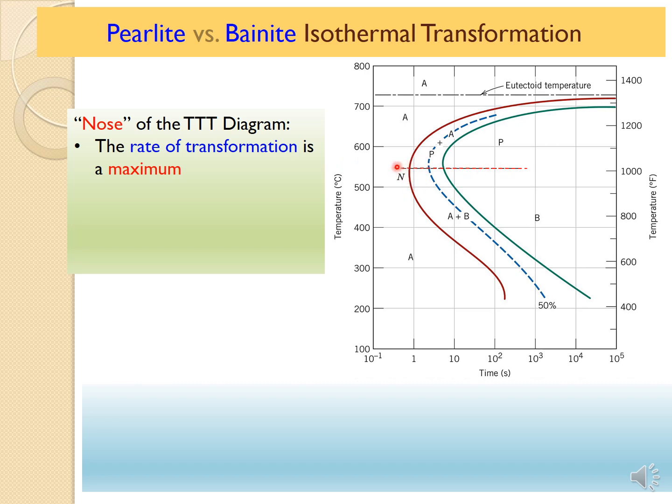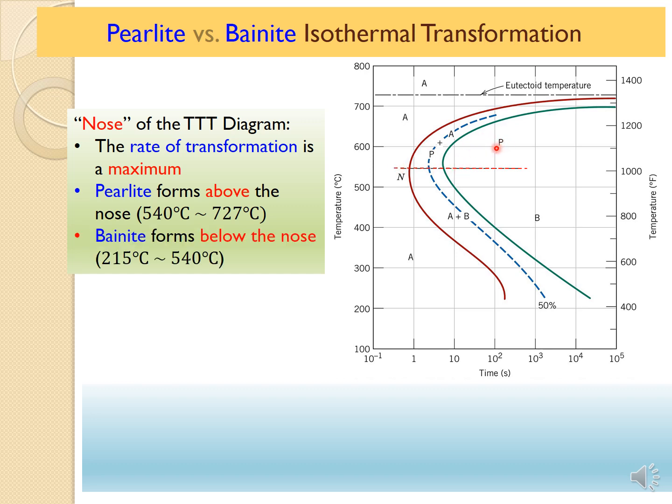And now if we draw an isothermal line passing through point N, above this point is P, which refers to pearlite, and below this point we have B, which is bainite. So, divided by this nose at about 450 degrees Celsius for the iron-carbon phase diagram, pearlite forms above the nose and bainite forms below the nose.